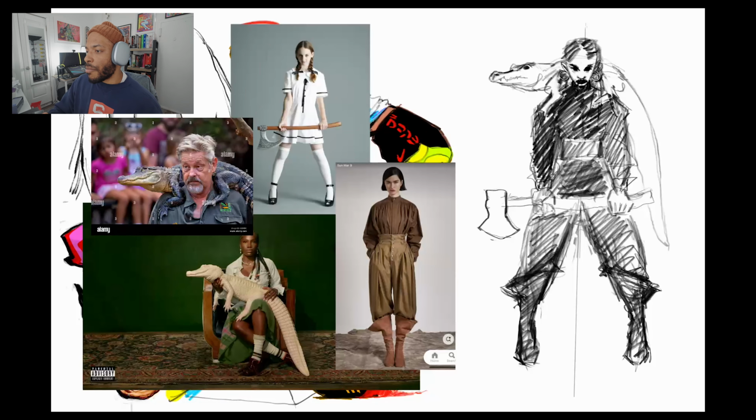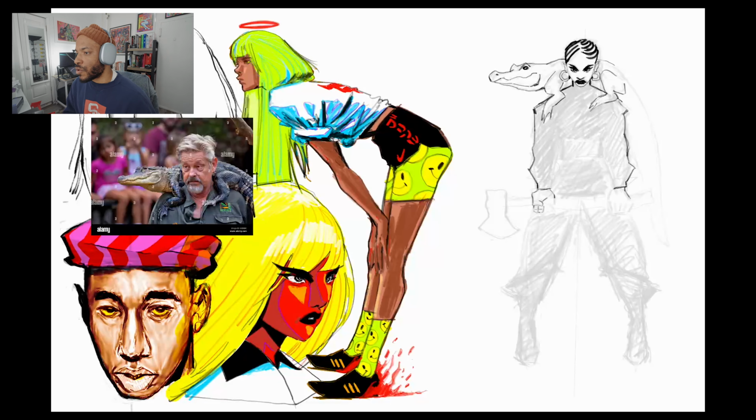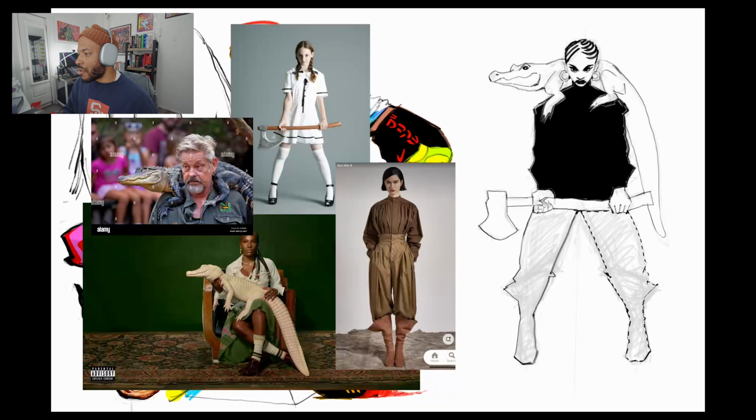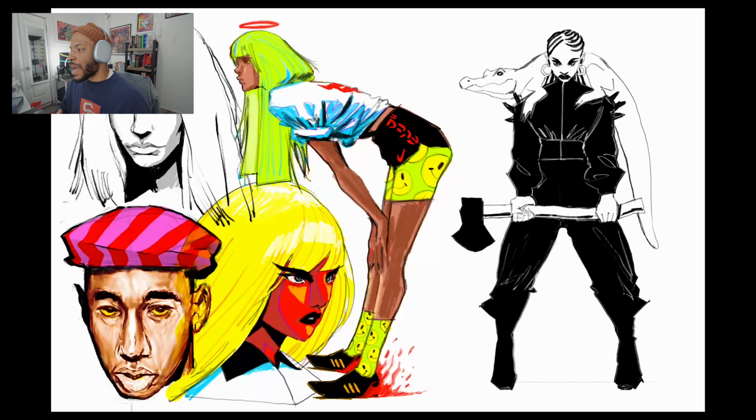So looking at her album art and then figuring out another way to apply the alligator on her shoulder instead of just being on her lap, which I thought was quite cool, especially since she's going to be standing. Keeping it within my style, but also utilizing reference to find ideas that I could make my own, right?